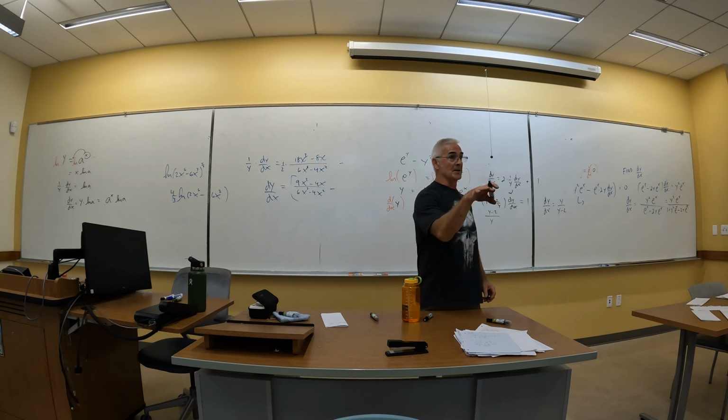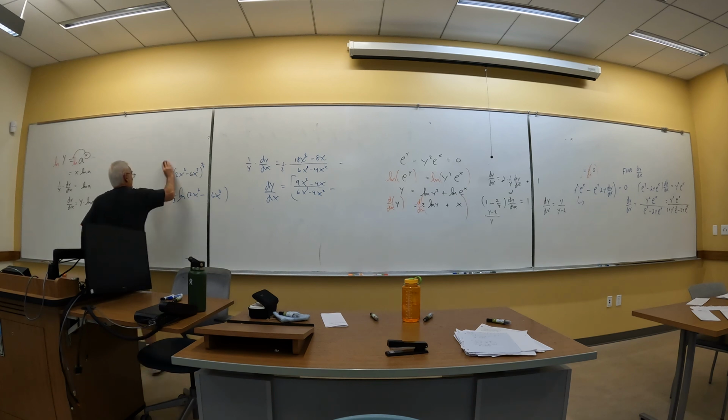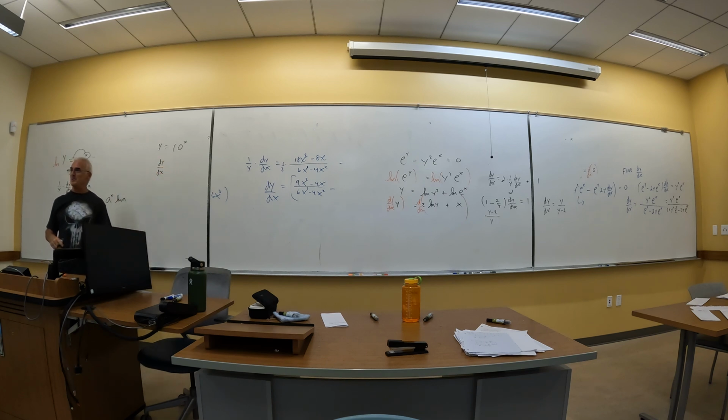In fact, this is kind of funny. Here's an exam question. I have 10 to the x. I want you to find the derivative. Well, we have a straight up formula, but you can't remember the formula. So you use logarithmic differentiation.